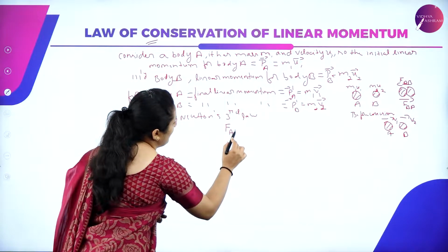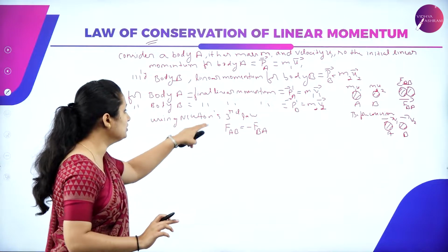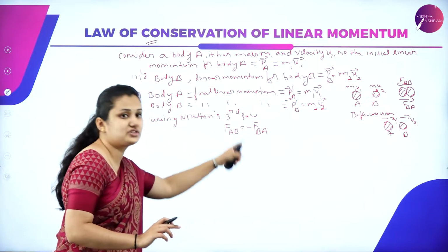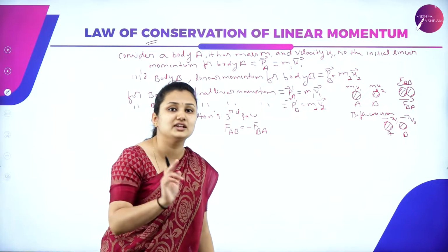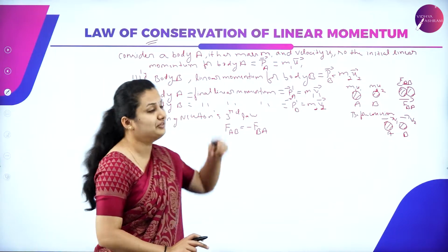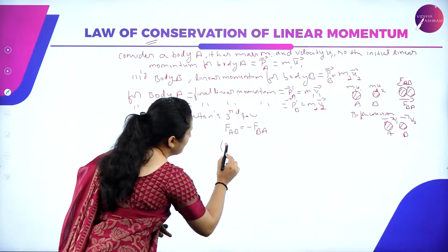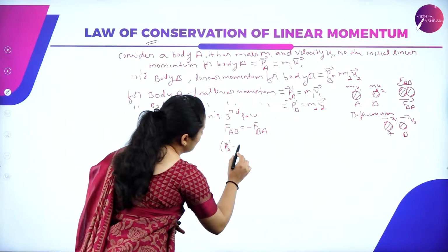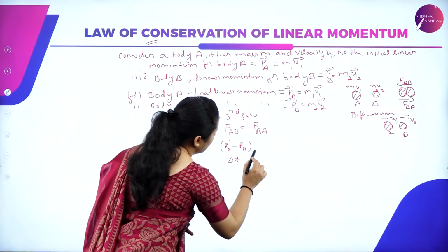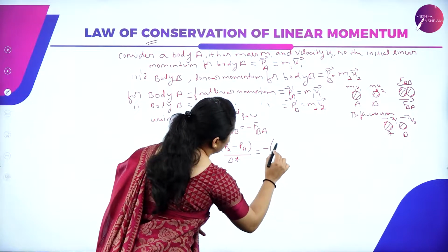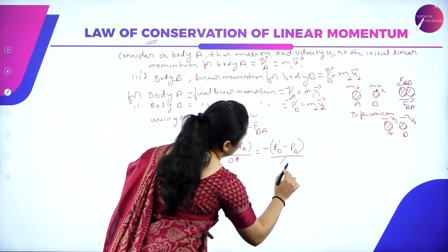So using Newton's third law, I will deduce the expression for the law of conservation of linear momentum. Next, I'll write this as (PA dash minus PA) by delta T is equal to minus of (PB dash minus PB) by delta T.